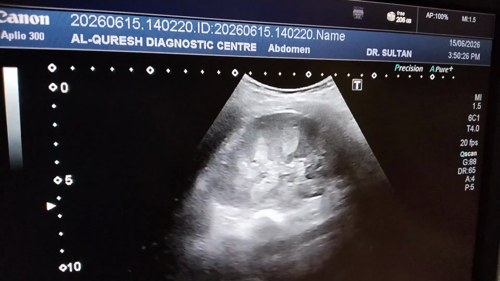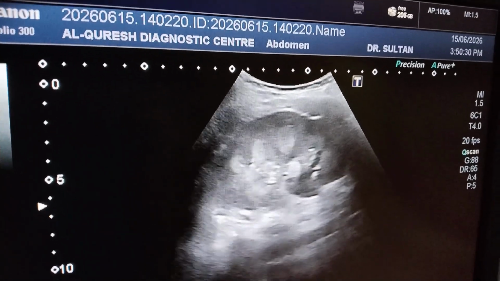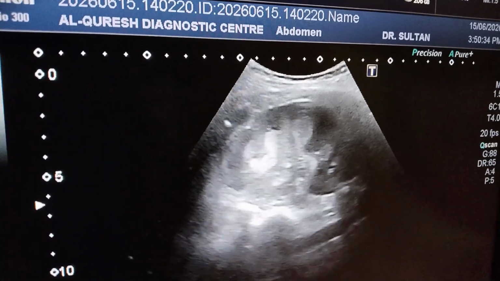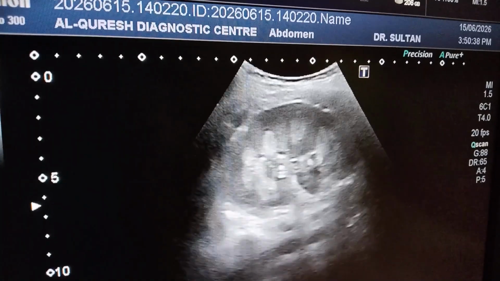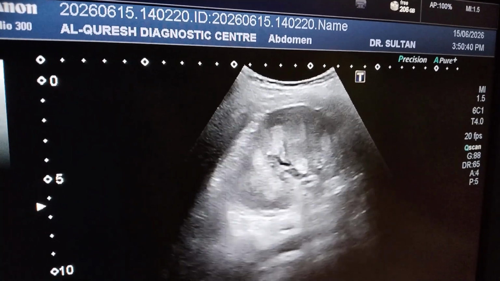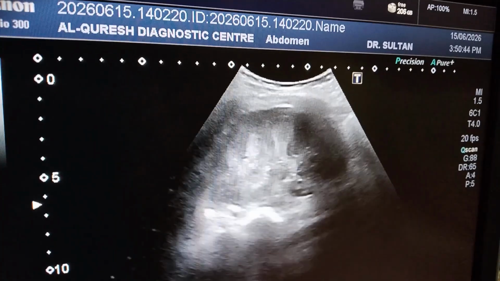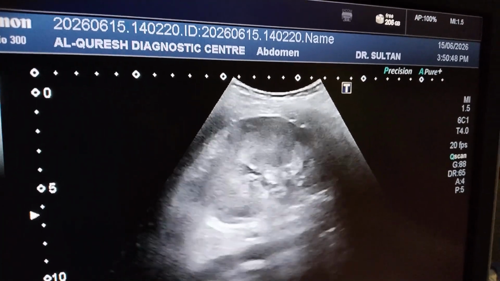medullary nephrocalcinosis. So maybe we should also go for the parathyroid gland scan and then parathyroid hormone, calcium level, and creatinine level. We should also go for this study.